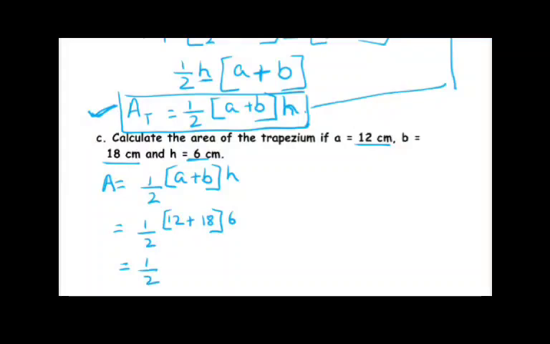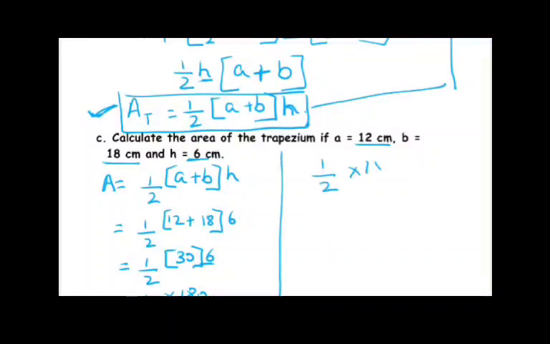So half, always bracket first, 12 plus 18 is equal to 30. There's a hidden multiplication between 30 and 6, which gives us half into 30 into 6. 30 into 6 is equal to 3 6s are 18, 180.